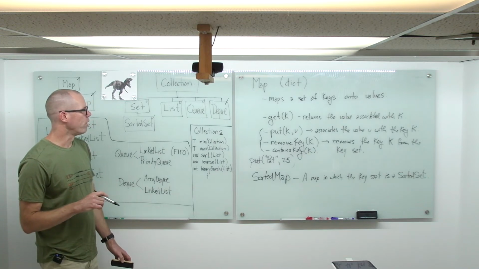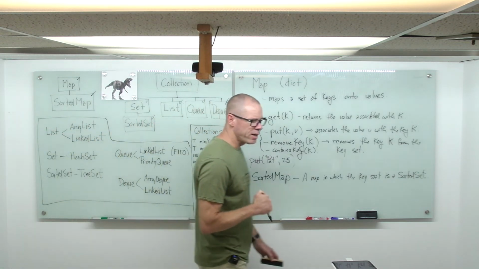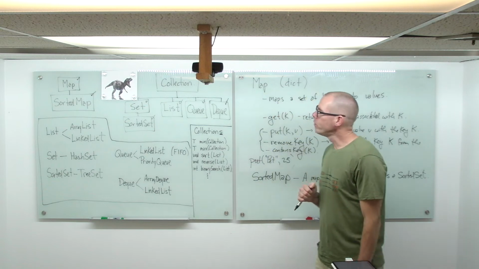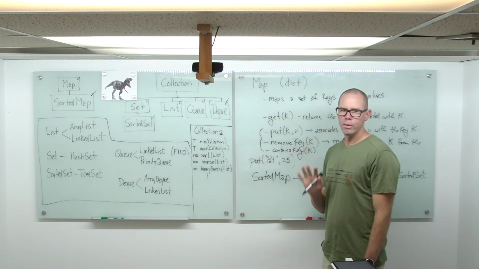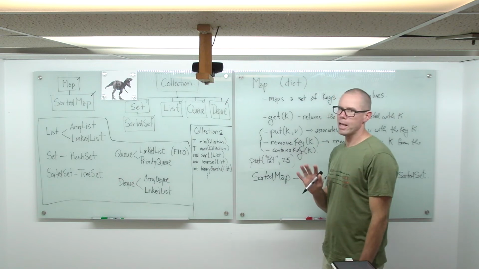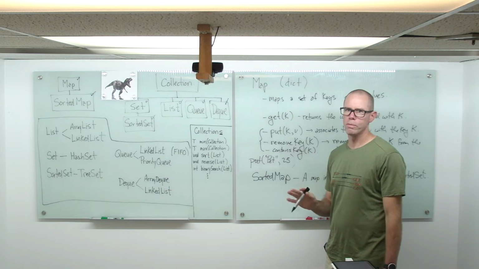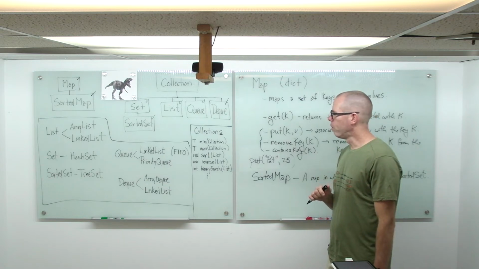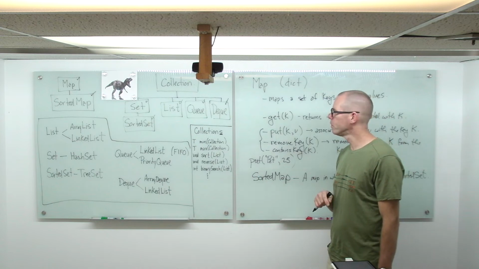In particular, the remove operation behaves differently. Technically, in Java, the interface just defines the set of methods that a class implements. It doesn't tell you anything about what those methods do. It just tells you the signatures of those methods.